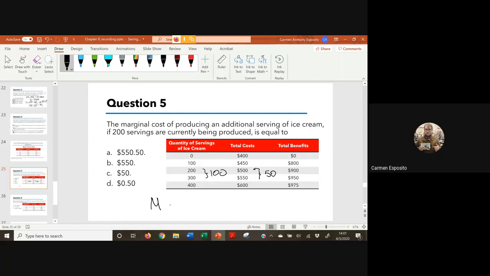So marginal cost, again, is the change in total cost over the change in quantity, and that's equal to 1/2, or in money terms, 50 cents per unit. And so the answer is D.